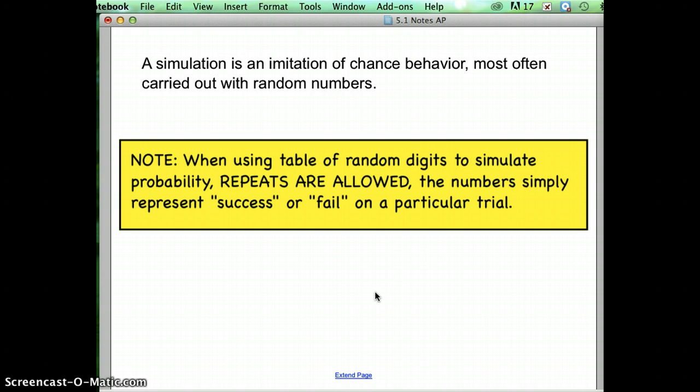Let's say flipping a head is a success and flipping a tail is a fail. I could get heads several times or tails several times. I'm not going to skip a repeat head or a repeat tail. It's not people we're picking or subjects we're picking anymore. It's whether we got what we wanted or we didn't. So repeats are allowed. I hope you make a note of that.